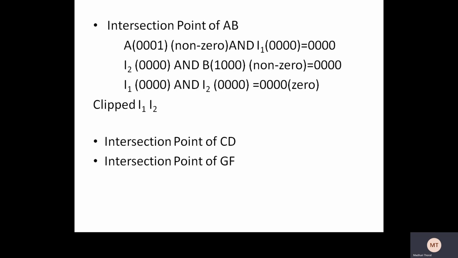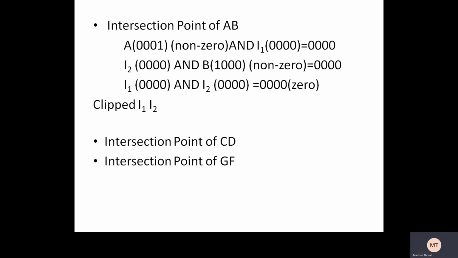First we consider the portion of the line from A to I1. Next, we consider I2 to B. Then we consider only the portion inside the window, that is I1 to I2. When we perform the AND operation for A to I1, we get 4 times 0.